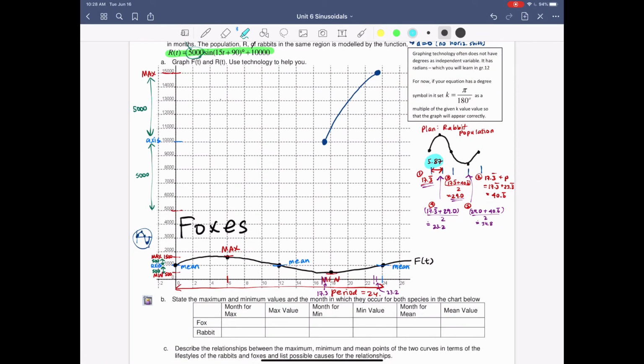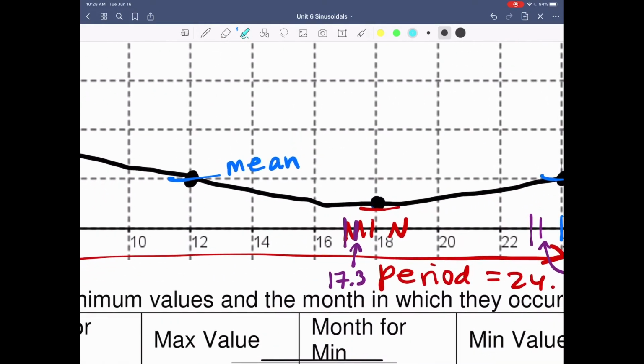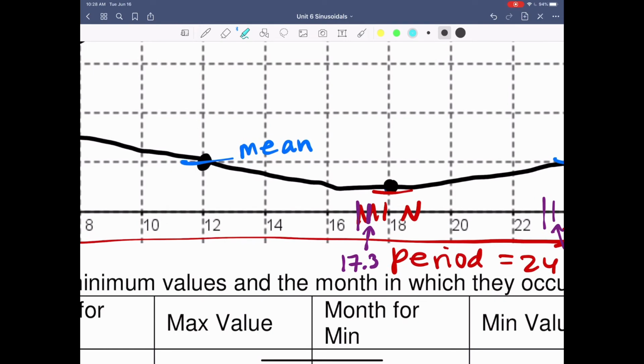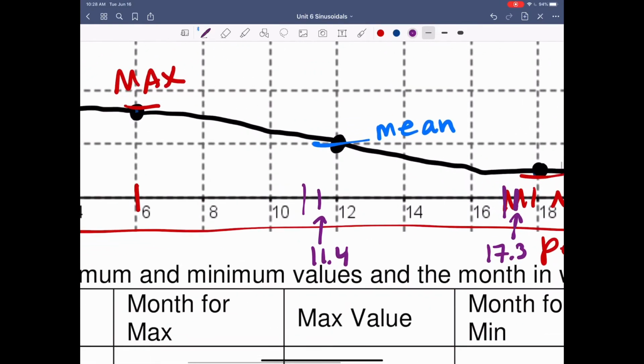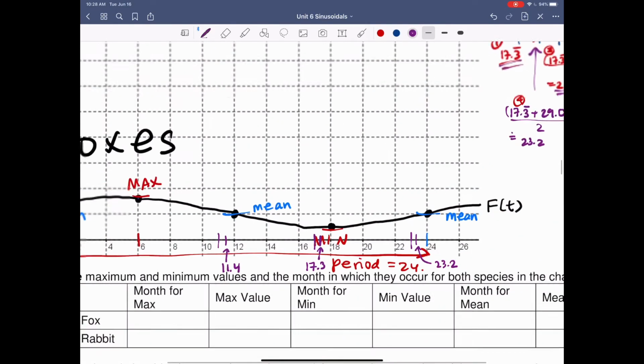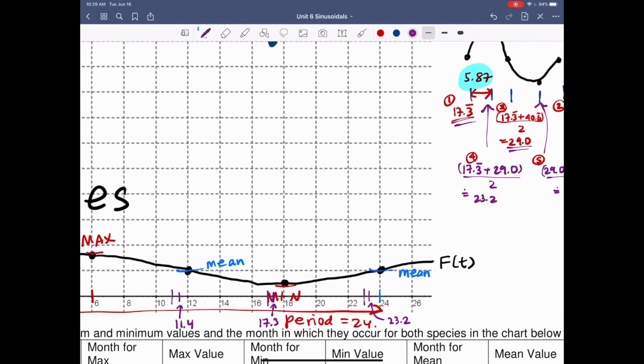So what's going to happen is that if I go 17.3 minus this number, I'm getting 11.4. So I'm going to go back here. That's going to be approximately 11.4. I don't want to go back and forth with the graph, so I'm going to do 11.4.33, whatever is left on my calculator, minus the 5.87.